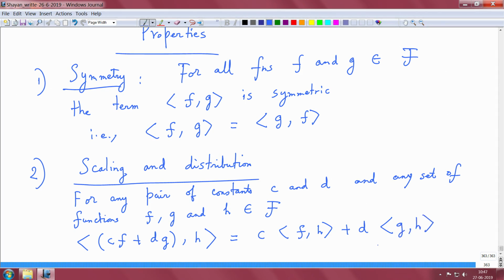So this is the distribution property, and the scaling is if I have the constants C and D, I can pull the scalar out like the way we do with vector spaces.